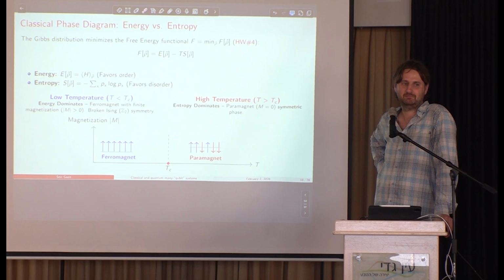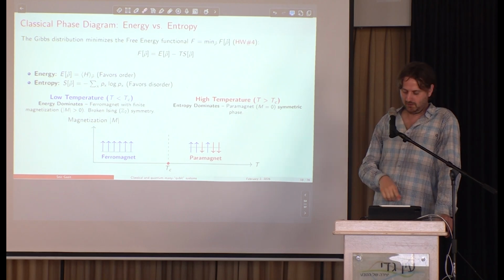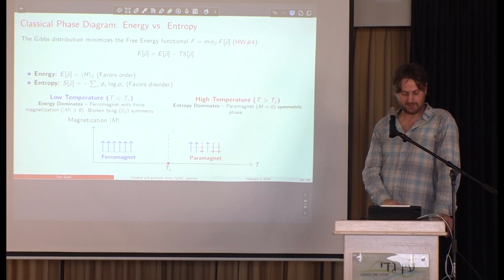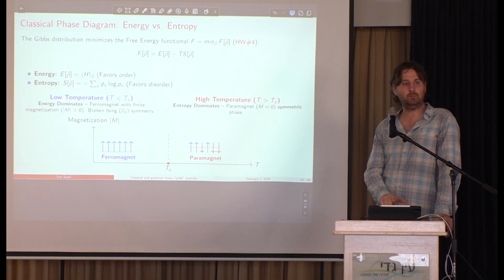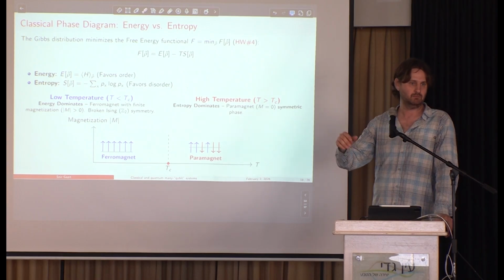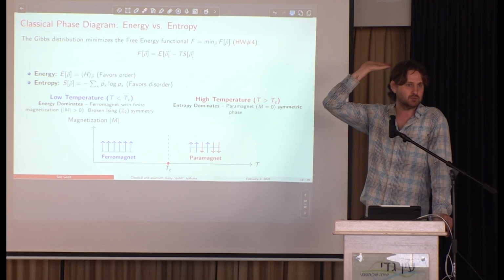What do you mean by the Gibbs distribution minimizes the free energy? In what sense does it minimize it? That's the exercise. Among all possible distributions, let's say you compute this F of rho, which is a function of the distribution. Pick any distribution that you want.